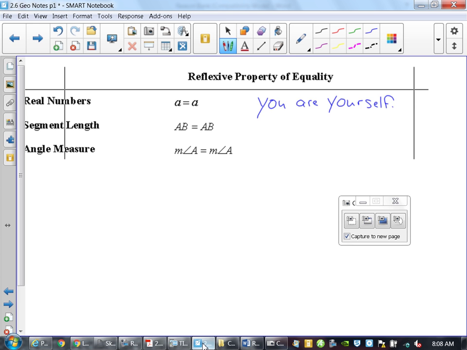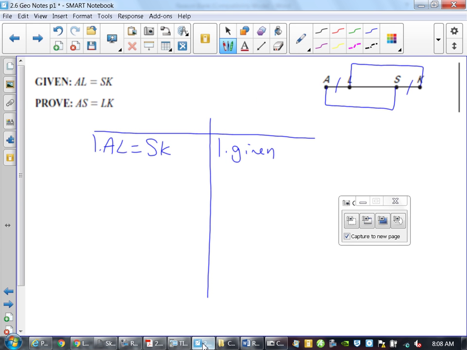So when I go back to my proof then, do we all agree that we have to add LS to make it AS, and then LS to make it LK? We have to add it to both segments like that? So in order to add something that's not given to us, we have to say that it's there, so we have to define it. It's not a very common thing, but it will happen from time to time that you have to define something.